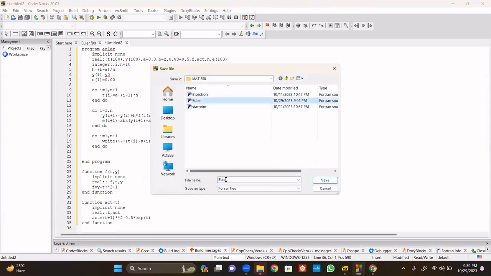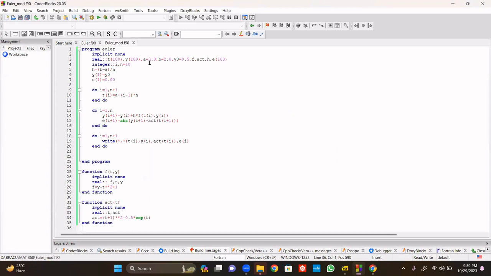Let's use Euler underscore mod because it's modified Euler. And let's name the code the same, Euler mod. So let's make the changes we need to make. All right, give me a moment, please. Let's make the necessary changes.